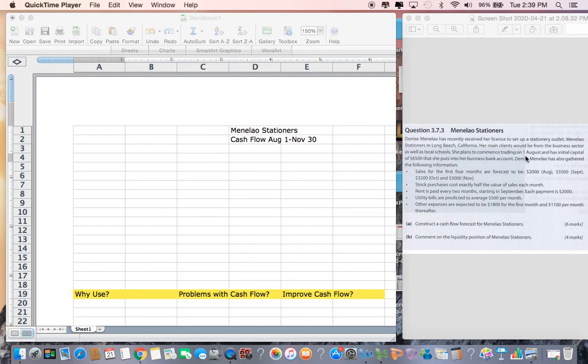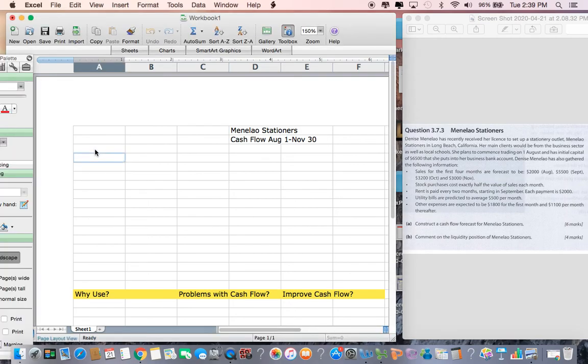So what we'll do is take this information and construct a cash flow. The first thing that you're going to do is you're going to have a word over here that says opening balance. Okay.